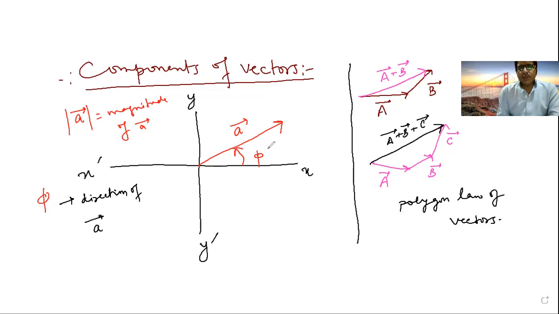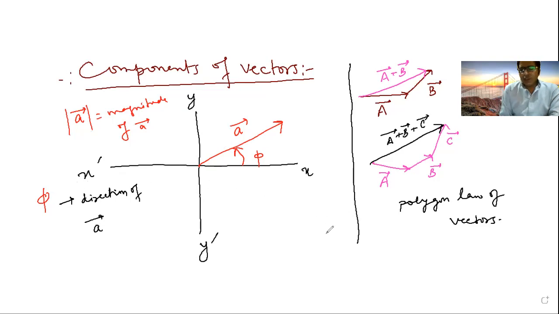So we say that if a vector is in 2 dimensions, it has magnitude, it has direction. Magnitude is indicated by one number, because ultimately this magnitude will have a value. This phi will have a value.